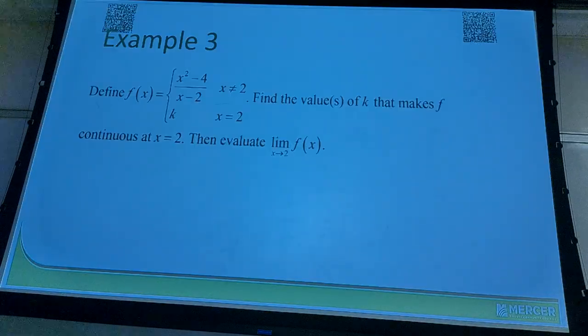Find values of k that would make this function continuous at 2. And then determine what that limit is. So remember, there has to be 3 conditions satisfied.